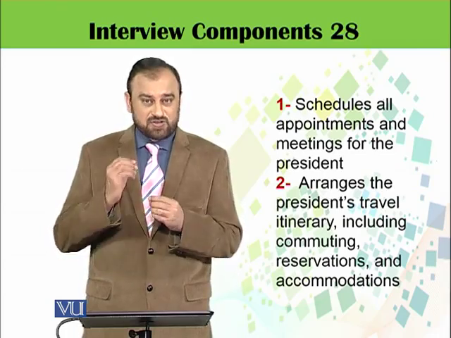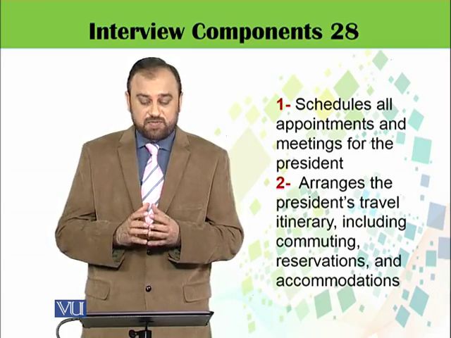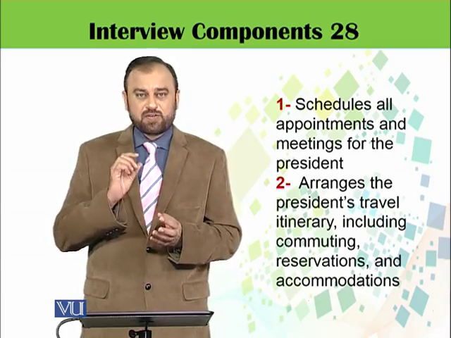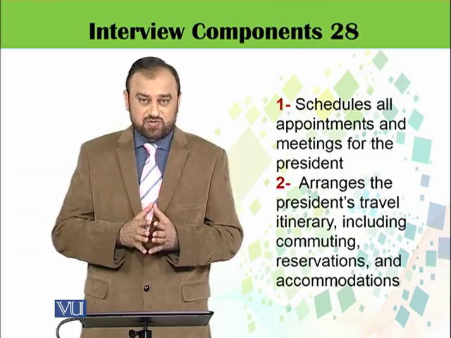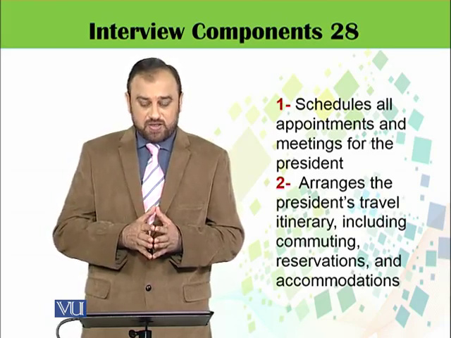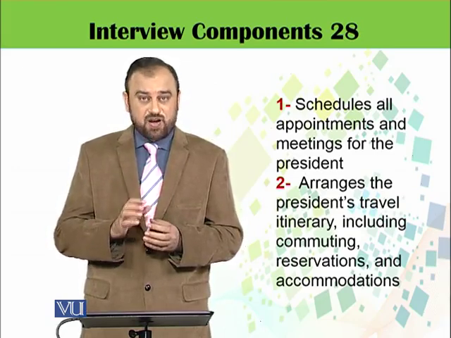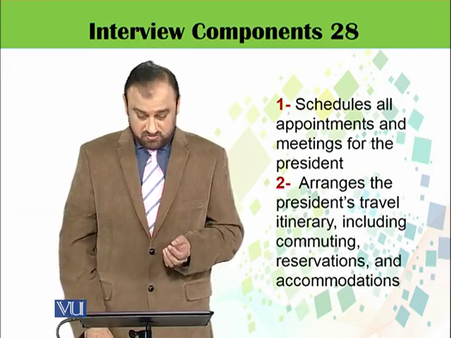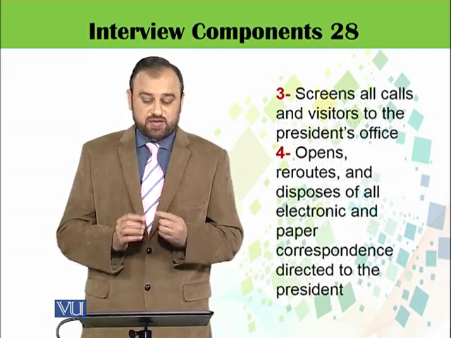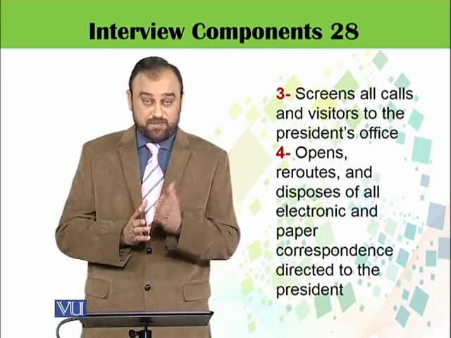Number 1, schedules all appointments and meetings for the president. So this particular job task must be mentioned to the candidate. Number 2, arranges the president's travel itinerary, including commuting, reservations, and accommodations. Number 3, screens all calls and visitors to the president's office.